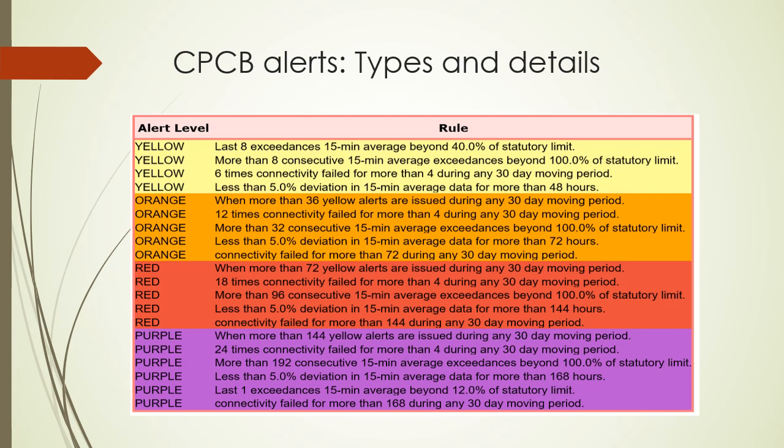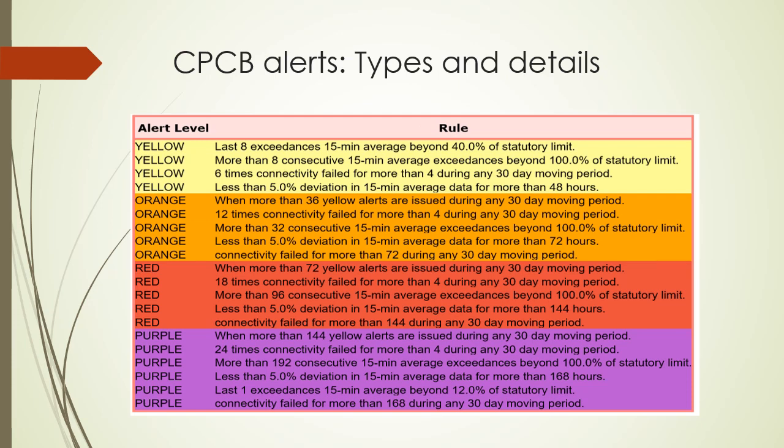So like that, if you go to orange, when more than 36 yellow alerts are issued during any 30-day moving period, for example, if any one of the alerts in the yellow category has been generated 36 times in a 30-day moving period, then that will convert the yellow alert to orange.